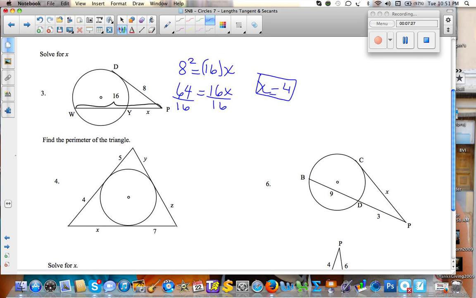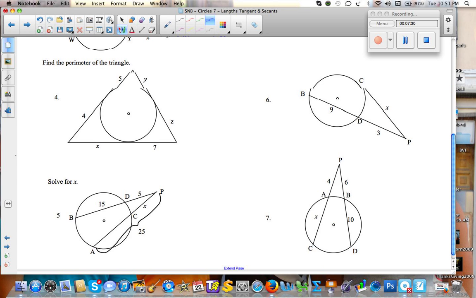On to number 4. It says find the perimeter of the triangle. Well, if you look, the triangle is the outermost shape, but it has a bunch of tangents to it. So if you look up here, we have a common point. So 5 would have to be, this is a tangent and this is a tangent.